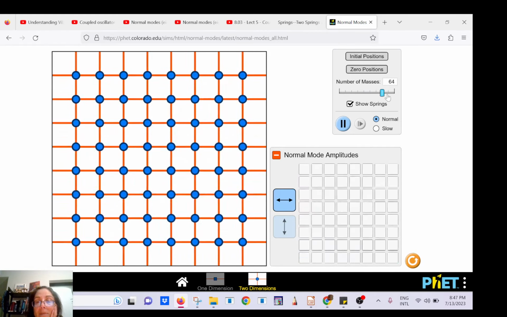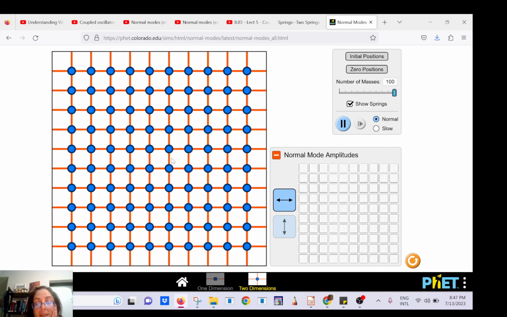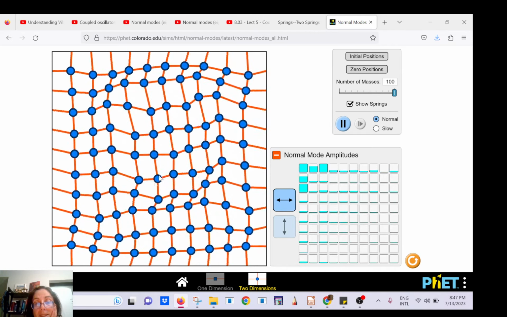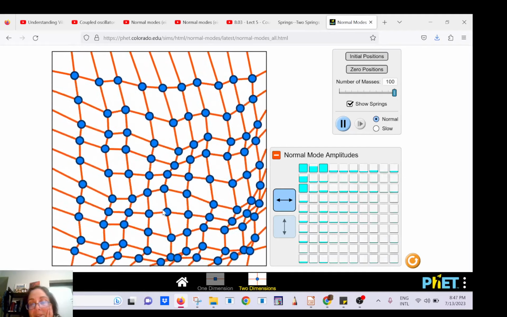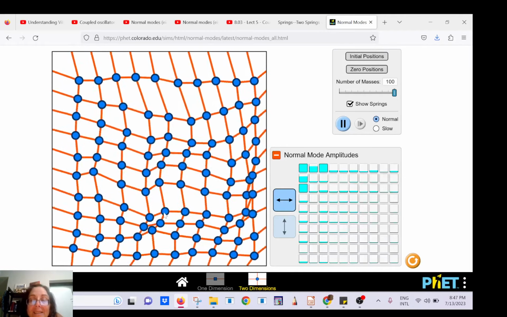I don't know if I can make many of them, like inside a molecule, for example. This could be molecules connected to each other or atoms connected to each other, and you disturb and it's going to respond. So I think that this is very cool.